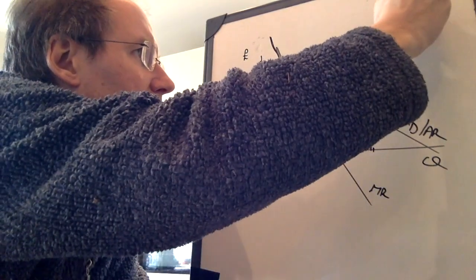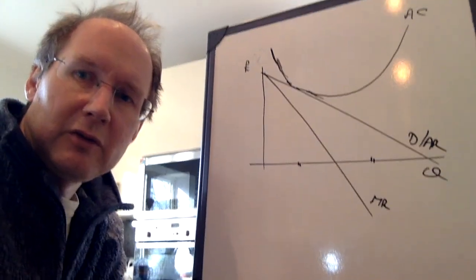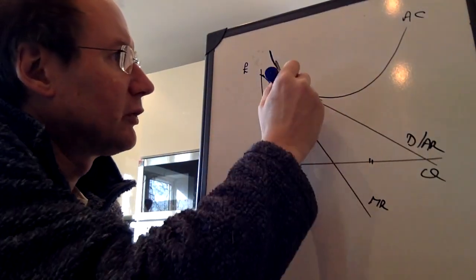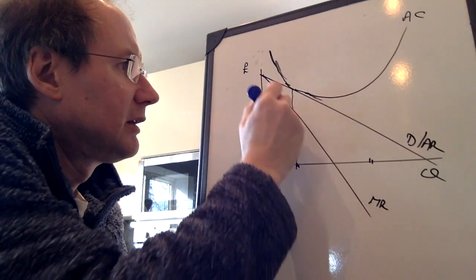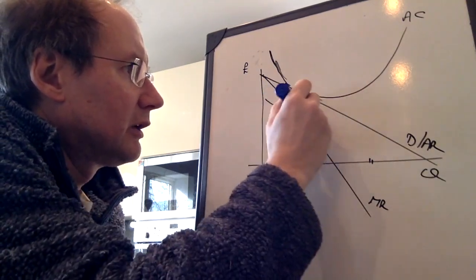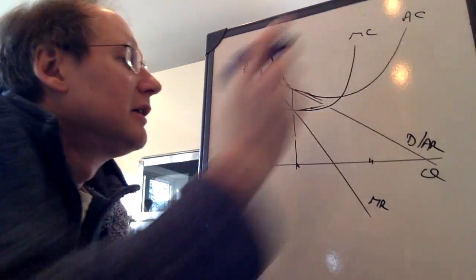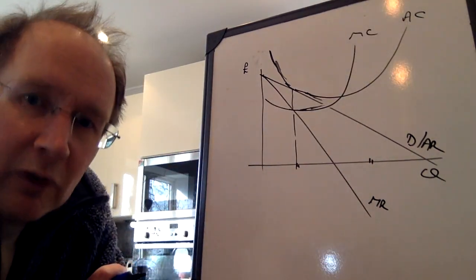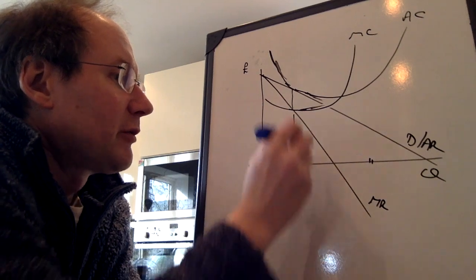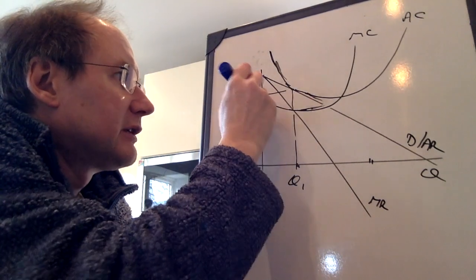There's no marks for art. Then marginal cost needs to cross there, and also go through the minimum point of average cost like that. So again, the firm's profit maximising output is Q1, price is P1.